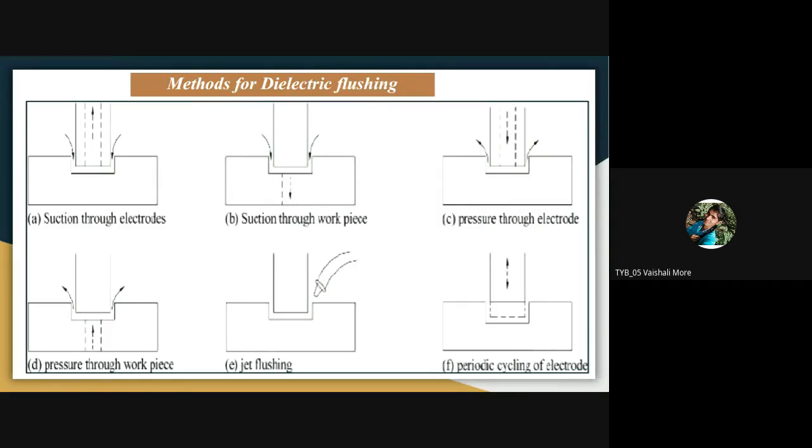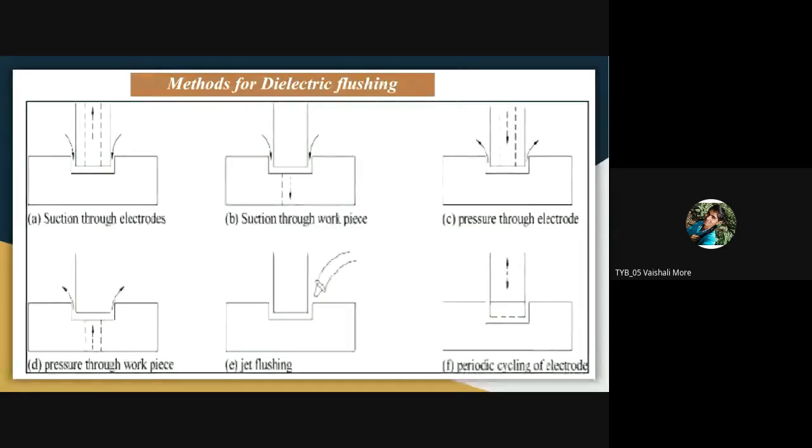You can see this hollow tube inside the workpiece, you can give the flushing of the dielectric, and from there, through this interelectrode gap, you can send out the dielectric fluid after flushing. Then jet flushing. Jet flushing is very simple. Using a nozzle and jet, you can just flush out the dielectric fluid.